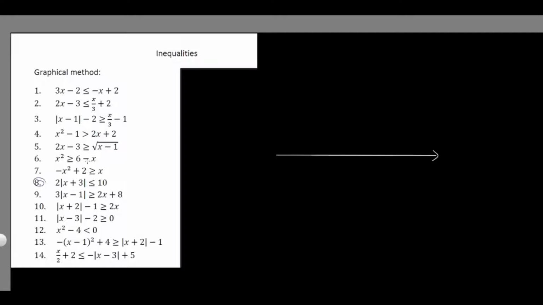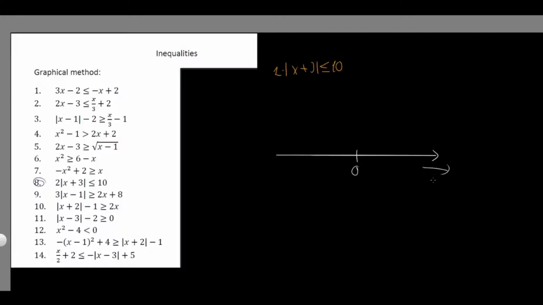So it says, let's choose this brownish color, 2 times the absolute value of x plus 3, which is less than or equal to 10. So what does it really mean? We have this number line here, and this line represents a 0 in this.